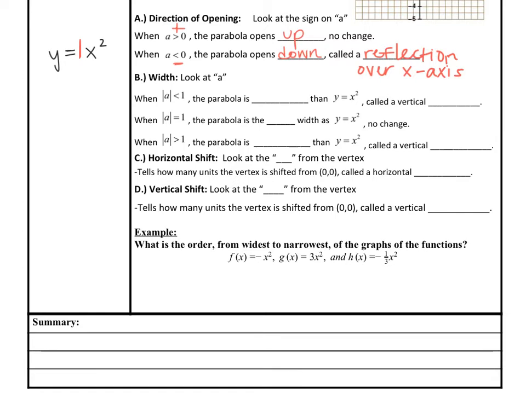Okay, going back. If you look at the a, which is in front of x squared, if the a value is less than 1, so if it's a fraction, then the parabola is wider, which we call a vertical, this is kind of a weird word, compression, which means it's going to get short and fat.